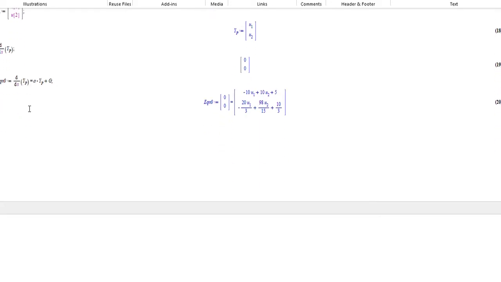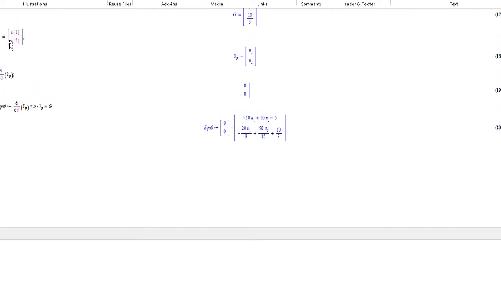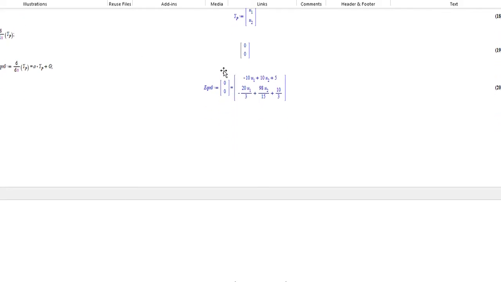So for this part we differentiate the value of yp, which we get from the table, which is equal to 0. For this part, I sub back all the values given, which is yp prime equals a yp plus g.